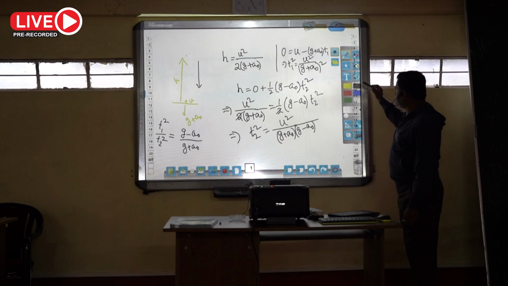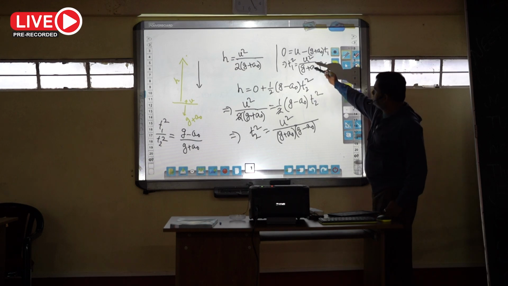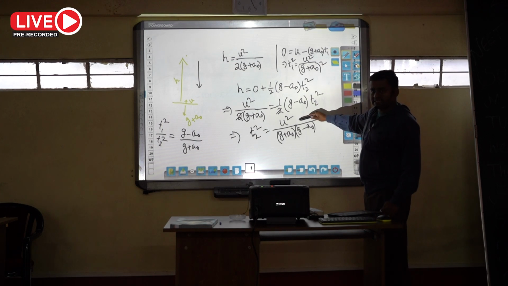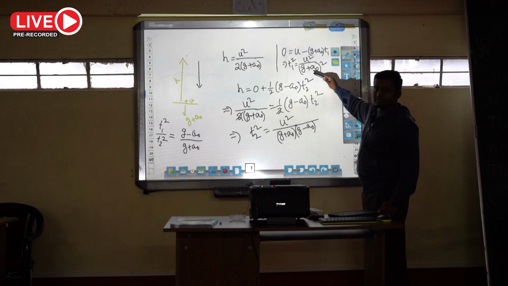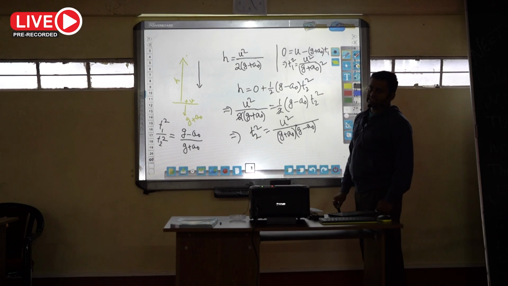So you will divide it once. So it is coming this one, u square will cancel. This term will be in the numerator and this term will be in the denominator. So one g plus a naught will cancel. So it will be g minus a naught by g plus a naught.